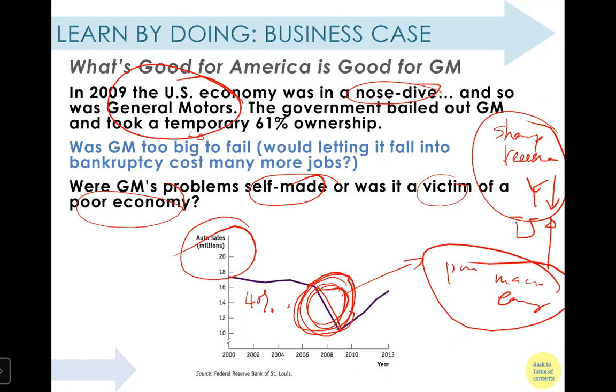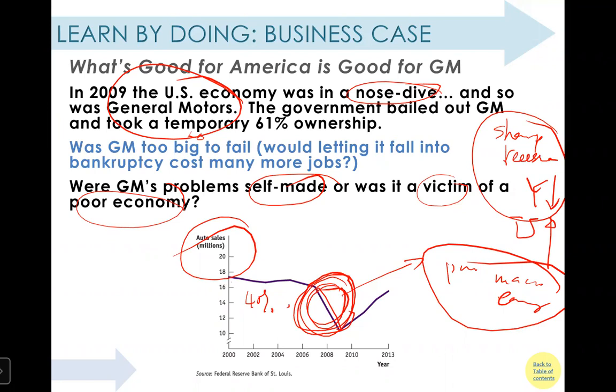So if GM failed without help from the government, that company itself is going to create a vast amount of unemployment. This is new unemployment. Those people lost their jobs, and then they are going to cut their spending. If they cut their spending, that's going to have a ripple effect throughout the rest of the economy.